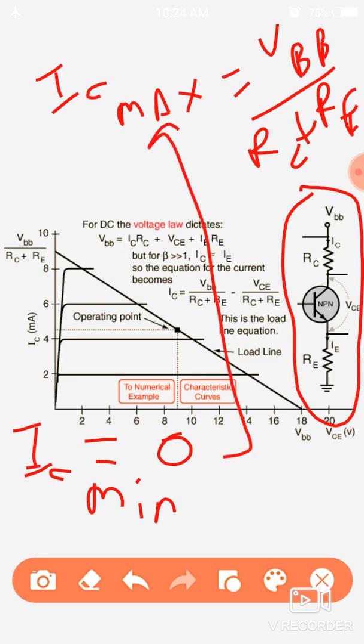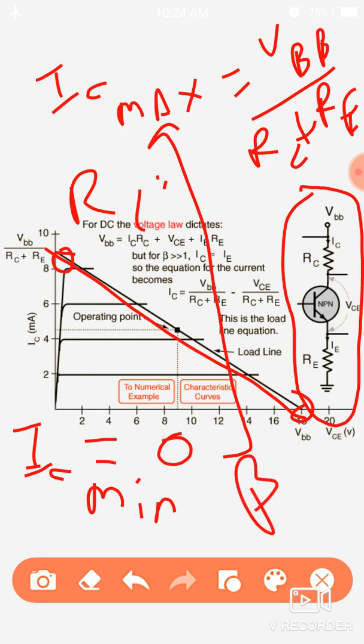The line which is passing through these points is called the load line of that transistor. It may vary with respect to RC and RE and the beta parameter of a transistor. Whenever a transistor is used in a circuit, we should take into account where the load line exists.